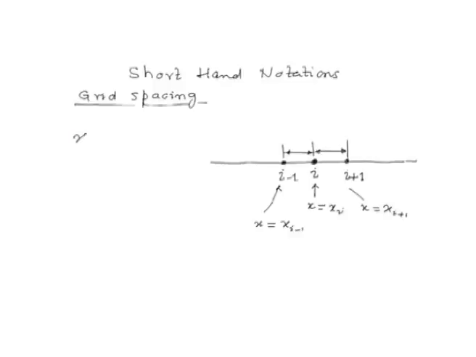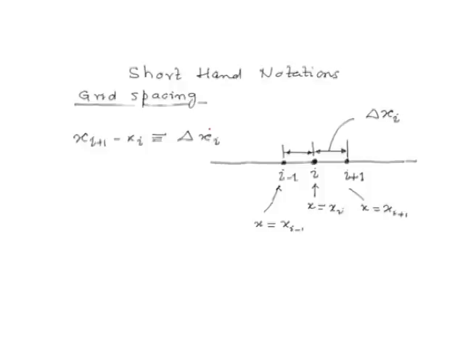So, this x of i plus 1 minus xi denotes the spacing between grid points xi plus 1 and xi, and we adopt a simple convention, we call this delta xi. So, xi plus 1 minus xi, we would use a shorthand notation delta xi.